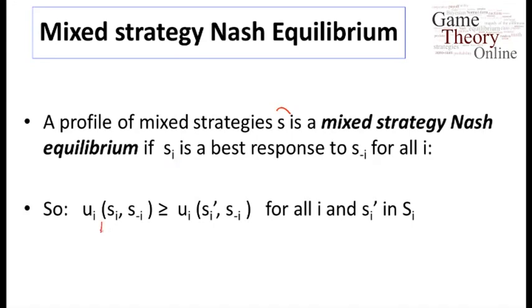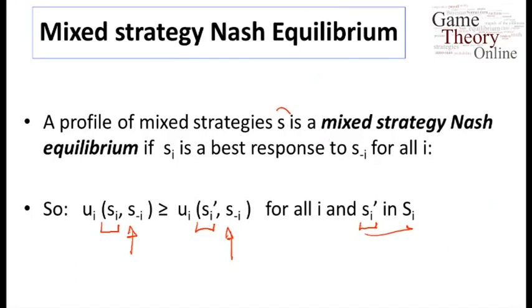So in particular, the payoff that player i gets from playing s_i is at least as high as they would get from playing any alternative strategy s_i' given the mixed strategies of all the other players.